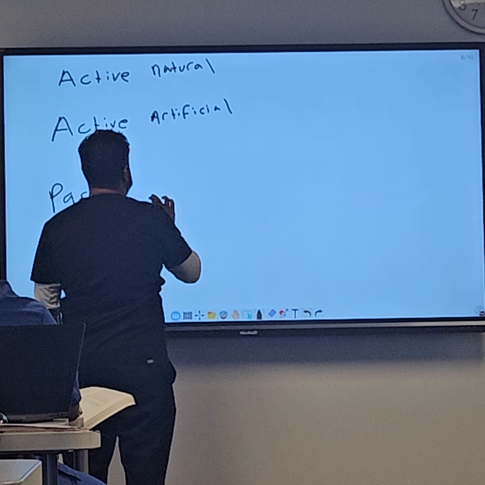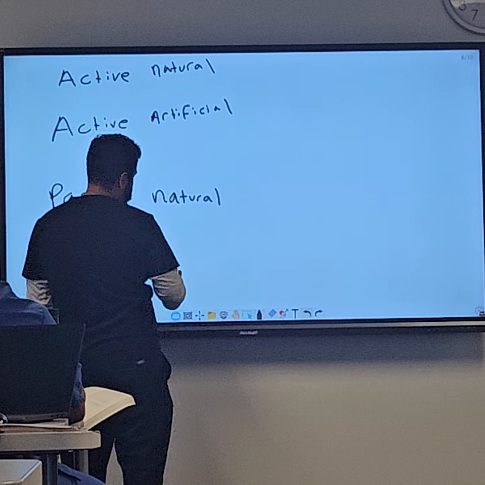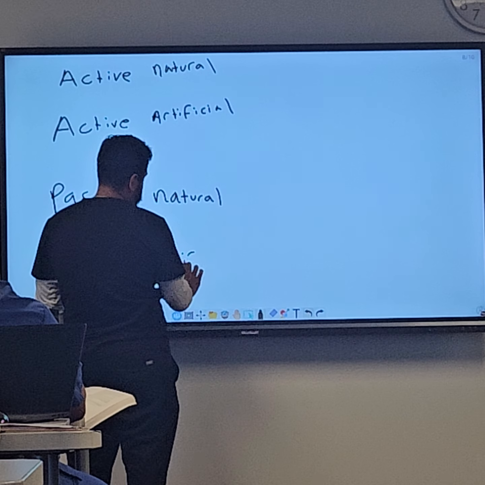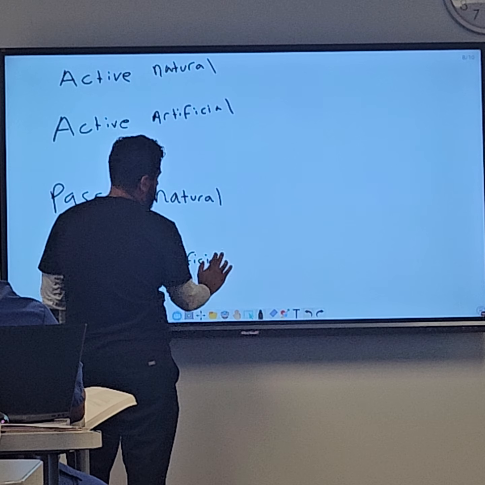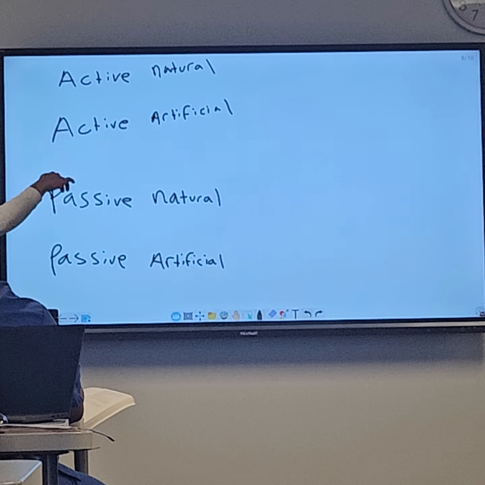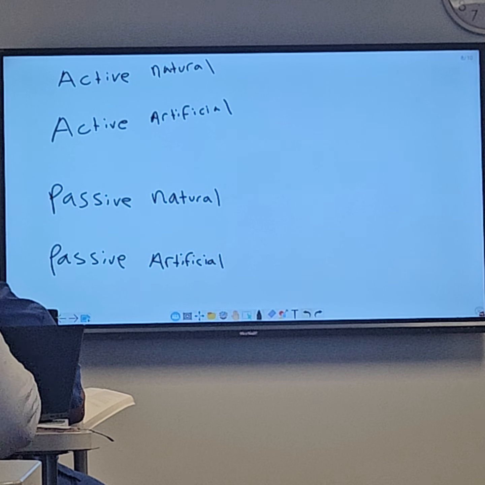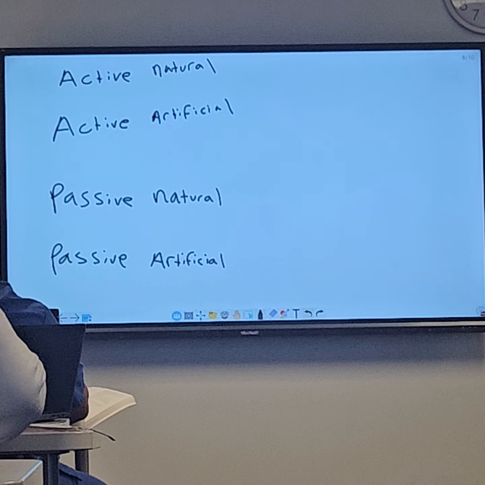Then you have passive, that's natural, and passive, that's artificial. So these are 4 kinds of immunity. You can add immunity at the end of that, right? Active natural immunity, active artificial immunity, passive natural immunity, passive artificial.